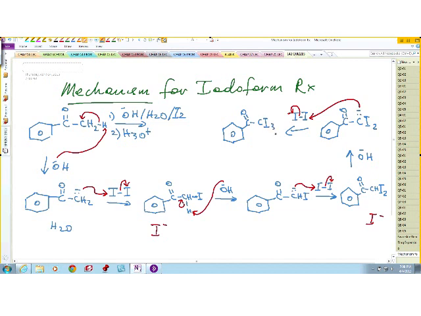Okay. You remember this molecule here? Remember this? That's the last one we did, right? So at this point, what happens? Now you get the nucleophilic acyl substitution.